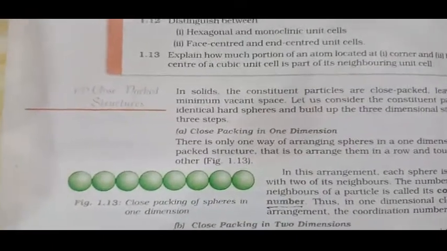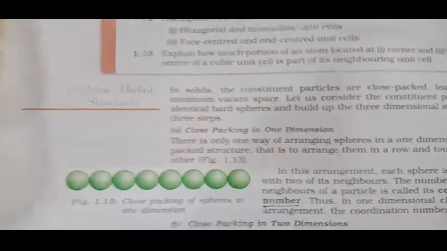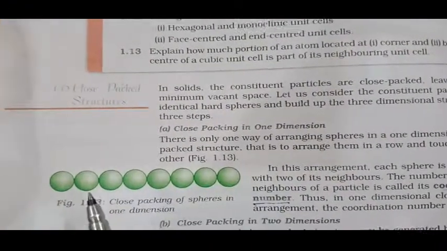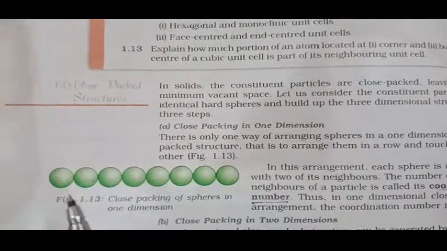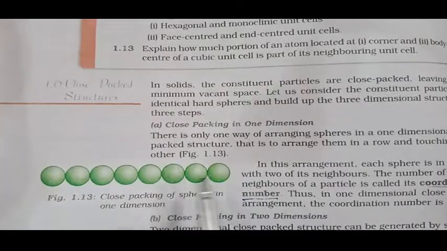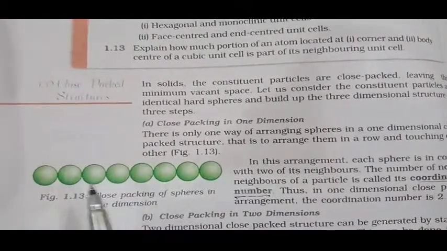Clear? So if we are discussing the close packing in one dimension, meaning one axis, all the balls, or when I say spheres, it means the constituent particles. When all the constituent particles are arranged in a line or in one axis, this kind of packing is termed as close packing in one dimension.